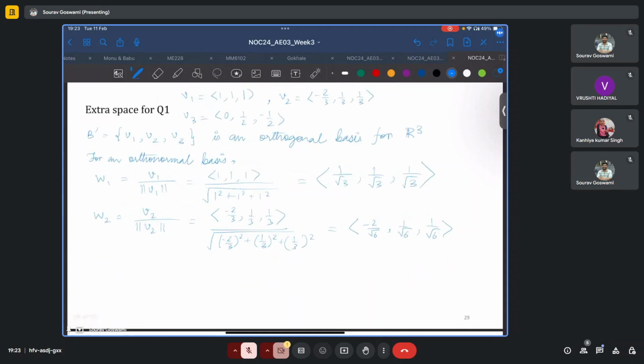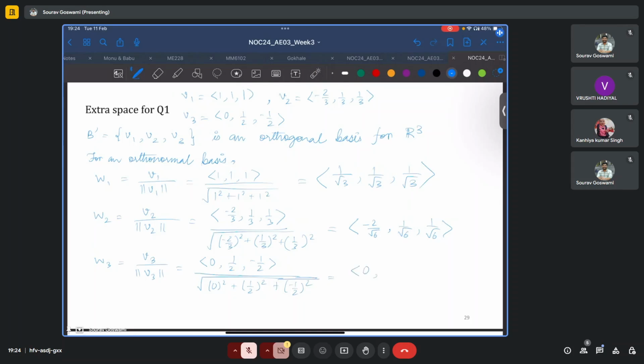And W3, which is simply a unit vector along V3, or V3 by norm of V3, (0, half, minus half) by under root of 0 square plus half square plus minus half square. So half square is 1 by 4 plus 1 by 4, root 2 by 2.